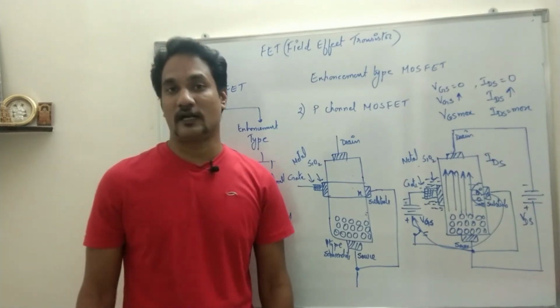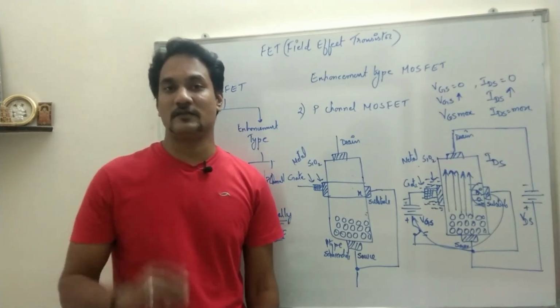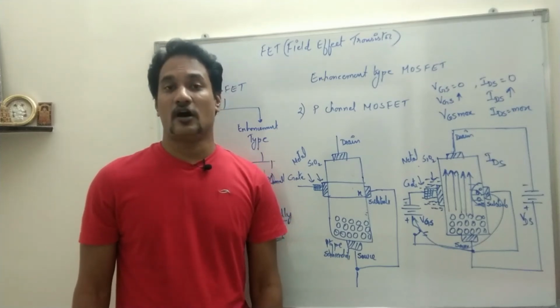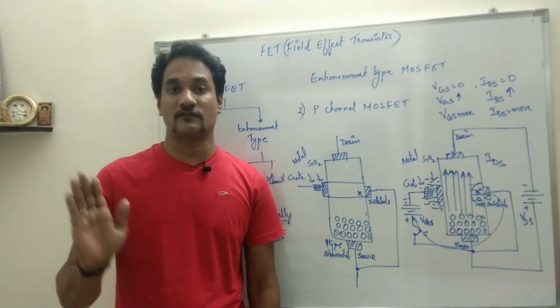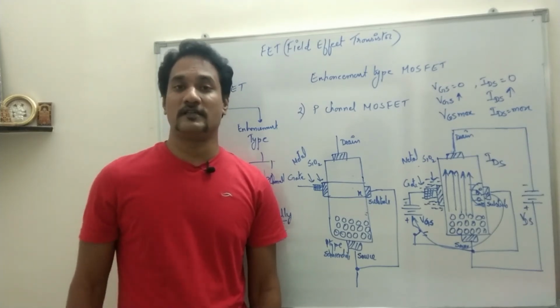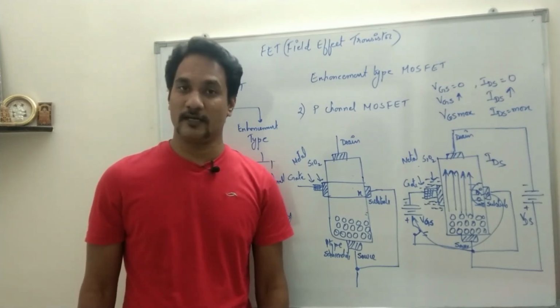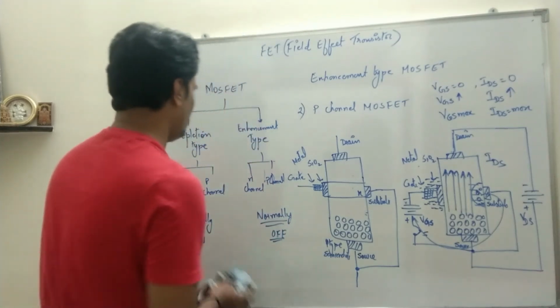Okay, now let us try to understand the difference between the symbolic representation of N channel and P channel MOSFET for both depletion and enhancement type.